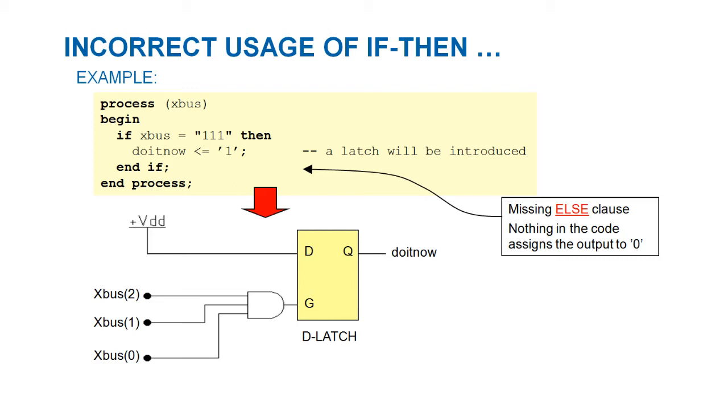The system knows how to assign 1 to the output, but never knows how to assign the value 0. So what will the system implement if any of the incoming bits are not 1? Nothing will happen except that it will permanently always drive to 1.